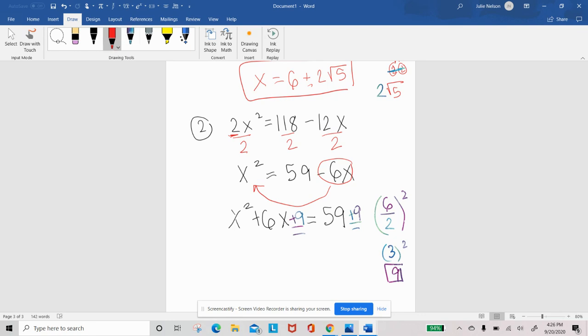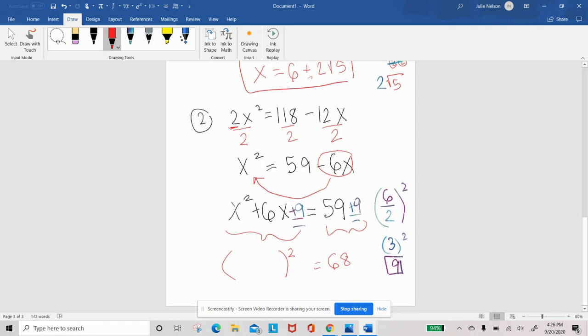So now on the left, I have x squared plus 6x plus 9. So I need to rewrite that as a perfect square binomial. And then I want to combine the right: 59 plus 9 is 68. And on the left, how would I write that as a perfect square?